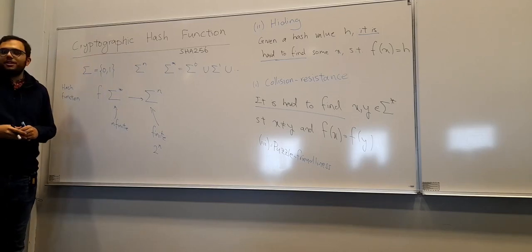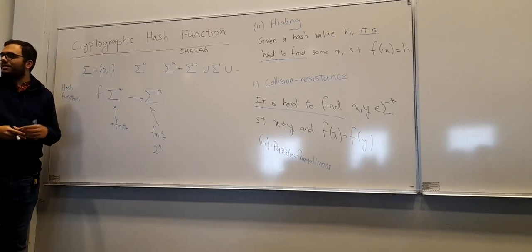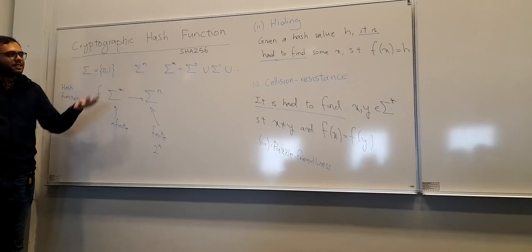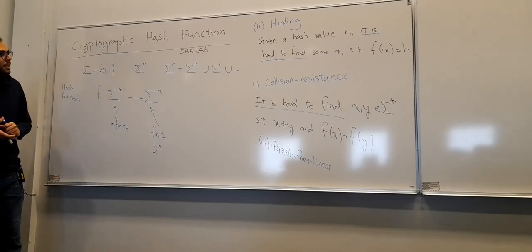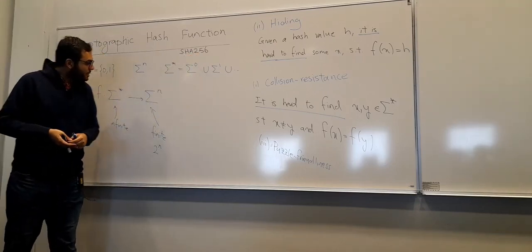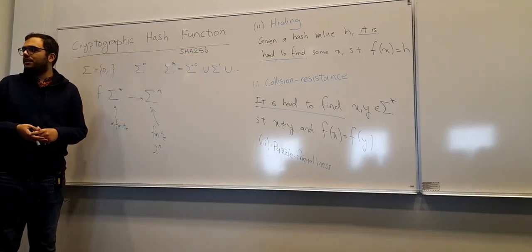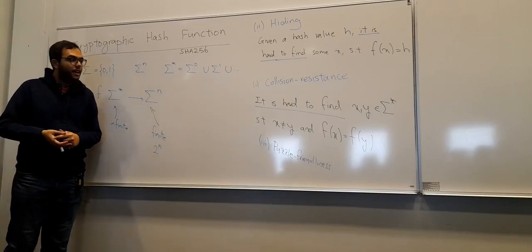You can just Google it, or read about it on Wikipedia. It's a weird function. It has these properties, at least as far as we know. And the 256 here is because the output size is 256 bits.